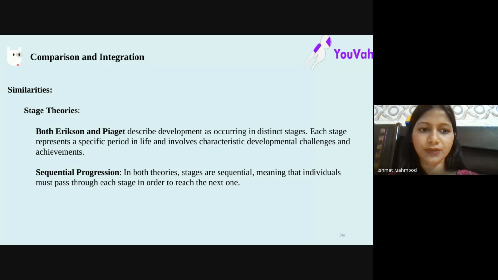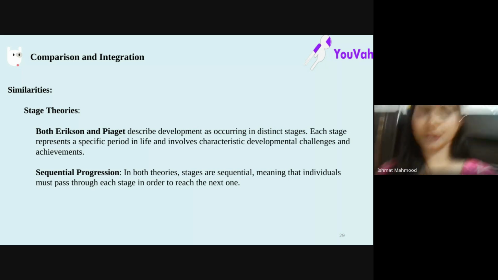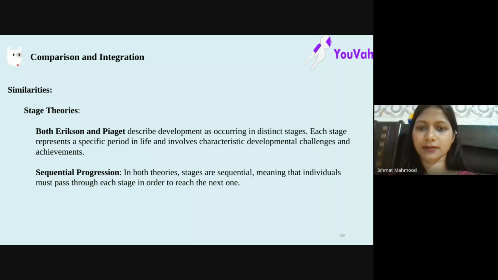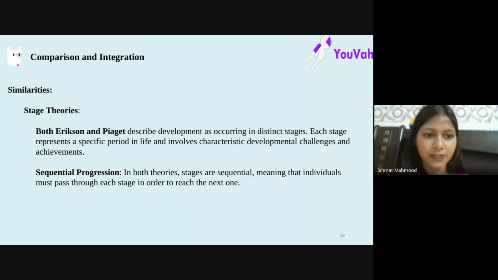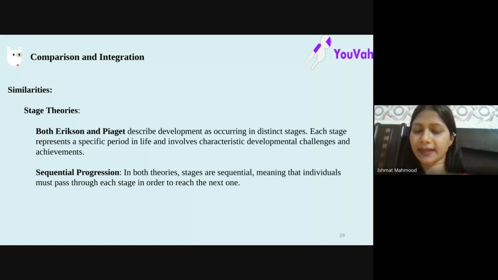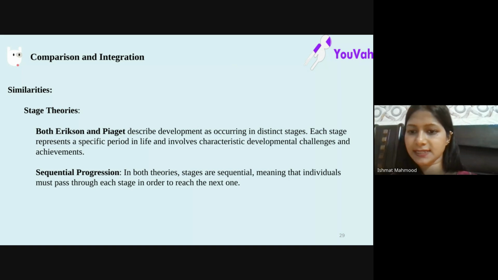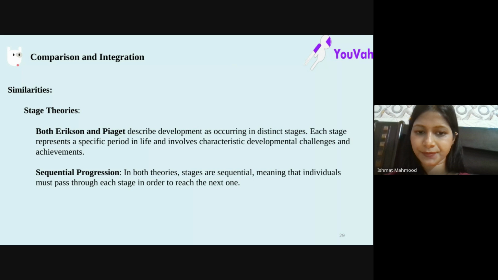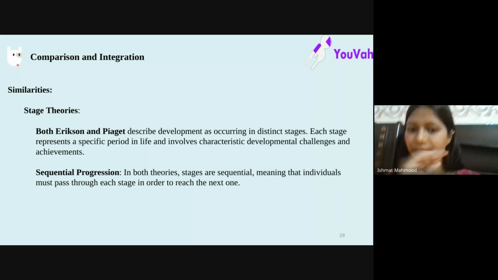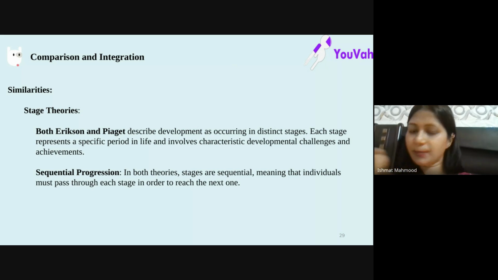Okay, so we'll talk about the comparison and integration of both the stages, right? So first one will be similarities. ठीक है, सो दोनों में आपको क्या सिमिलैरिटी दिखी, दोनों स्टेज में, लाइक एरिक्सन्स में और पियाजेस में? ओके, सो बेसिकली हमें दोनों स्टेजेस में क्या दिखा है, ये डेवलपमेंट के बारे में बात कर रहा है, बोथ द स्टेजेस, ठीक है?